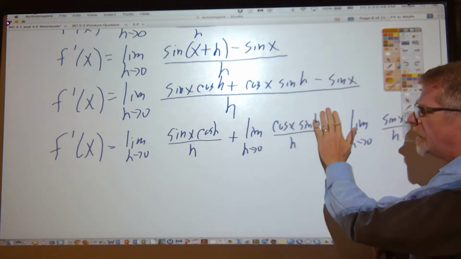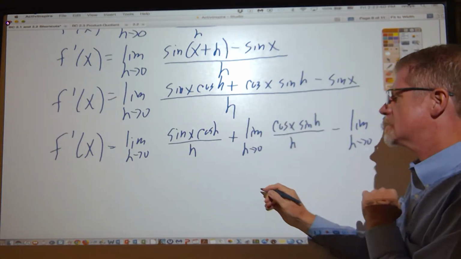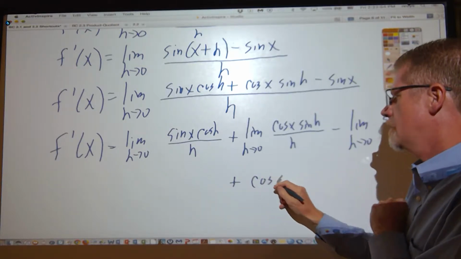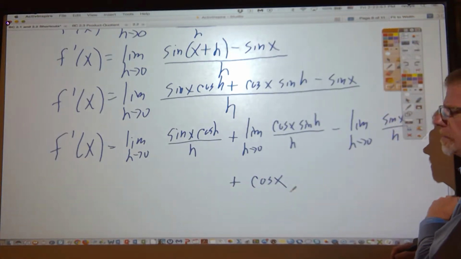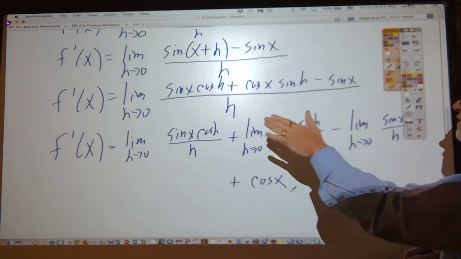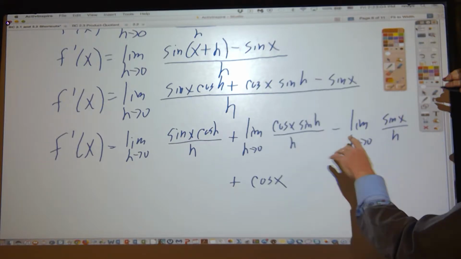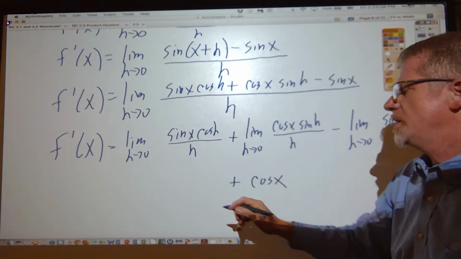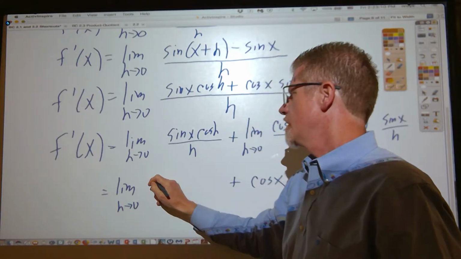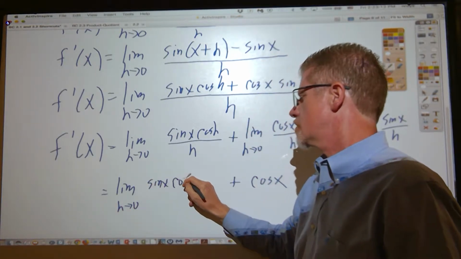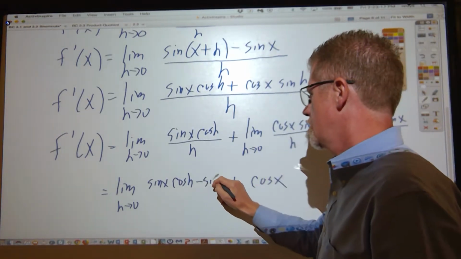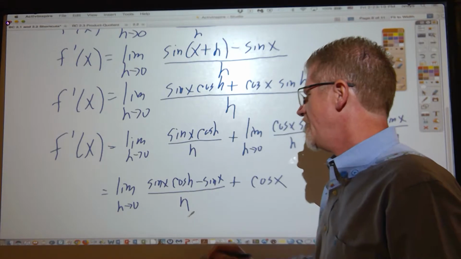So that's 1, and 1 times cosine x is cosine x, because the limit as h approaches 0 of sine h over h is 1. Now, these other two limits both have a sine x, so I'm going to combine them into one: the limit as h approaches 0 of sine x cosine h minus sine x, all over h.